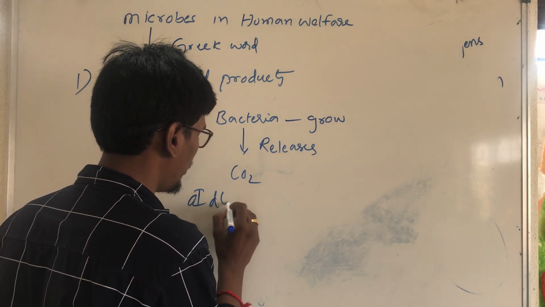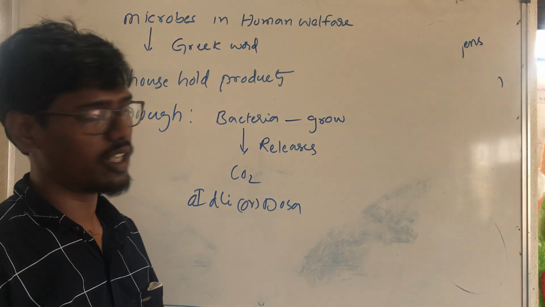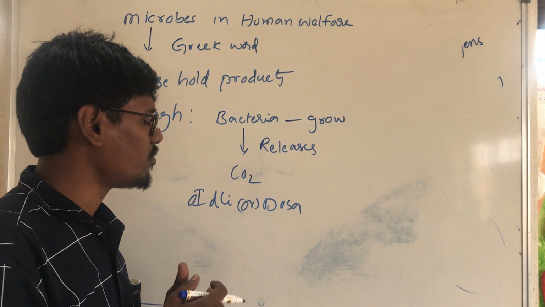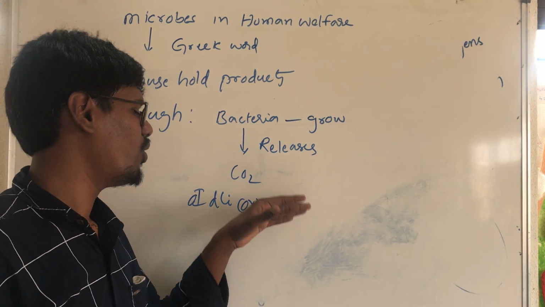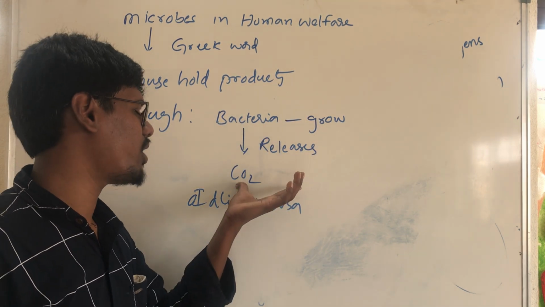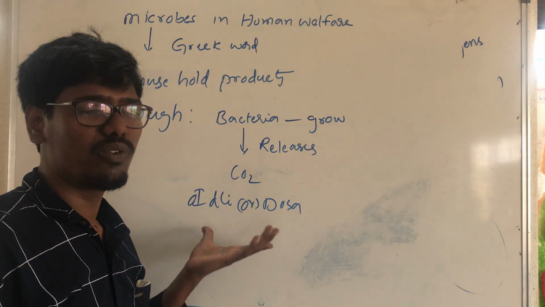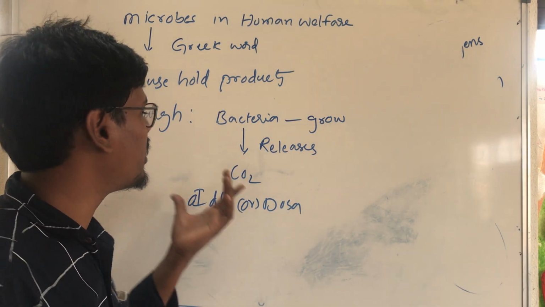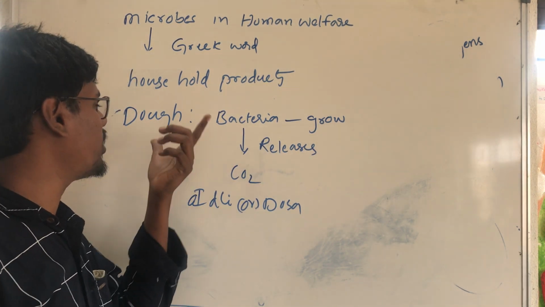So dough contains bacteria that grow and release carbon dioxide, and afterwards it is useful for idli or dosa. It is the second household product. The first one is curd, the second one is dough.